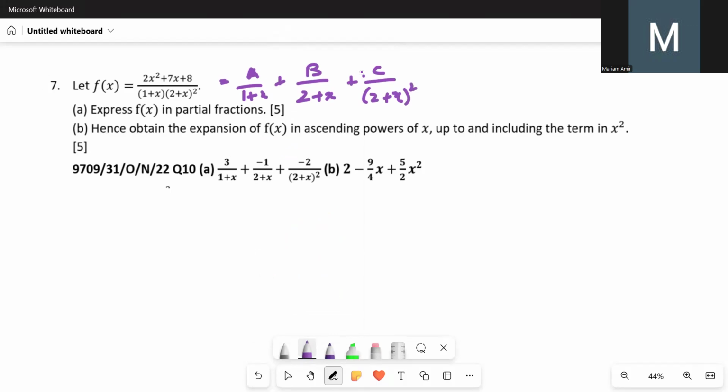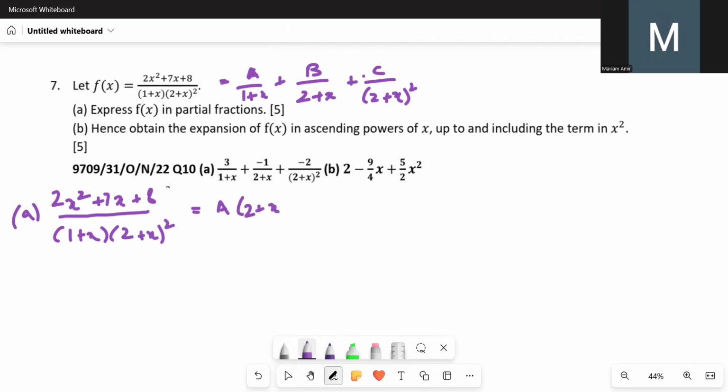Now I am going to take the LCM of the right hand side to cancel out the denominator. So we'll get a times (2 plus x) whole squared plus b times (2 plus x)(1 plus x) plus c times (1 plus x).